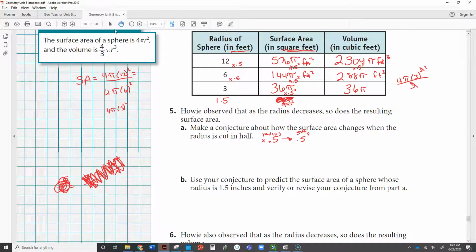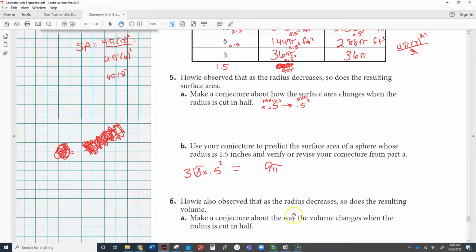So I'll show you the ratios, the proportions are coming up in just a minute. I just got ahead of myself. I was being lazy actually. So use your conjecture to predict the surface area of a sphere. So we said it was 9 pi. And we predicted that by doing 36 pi times 0.5 squared. That's how we predicted it.